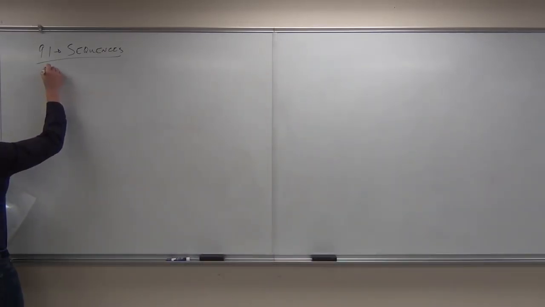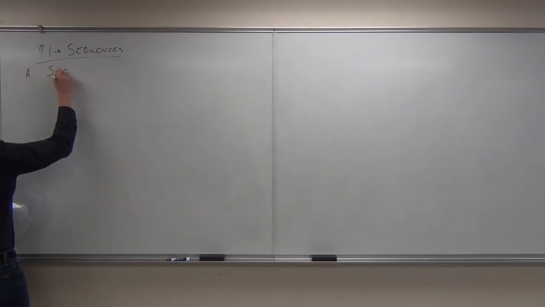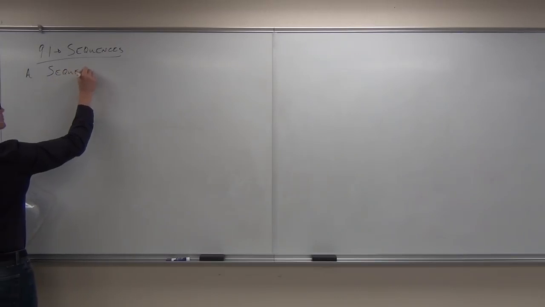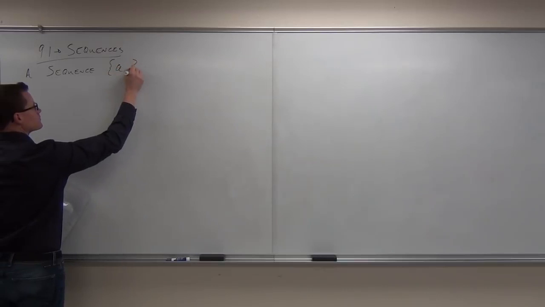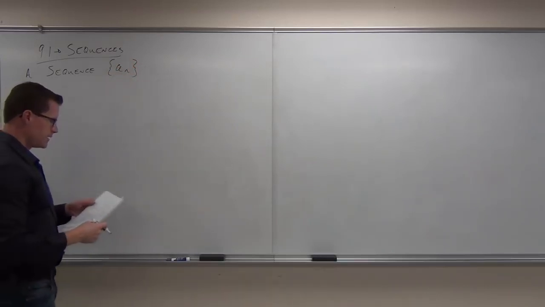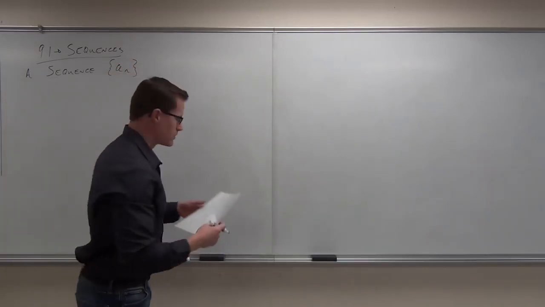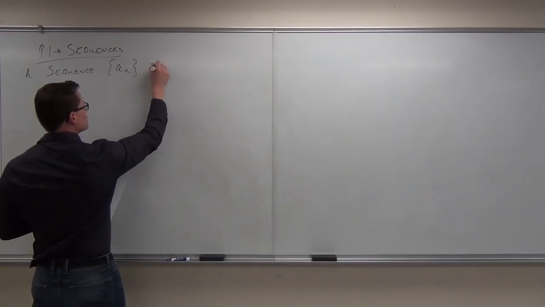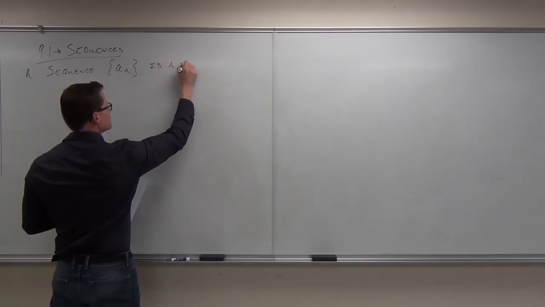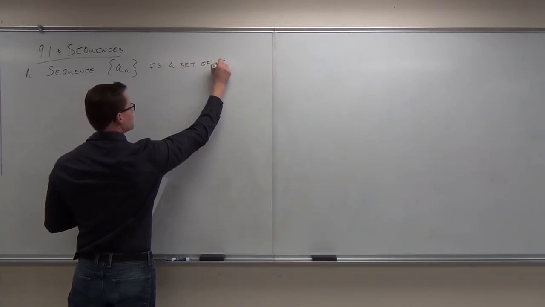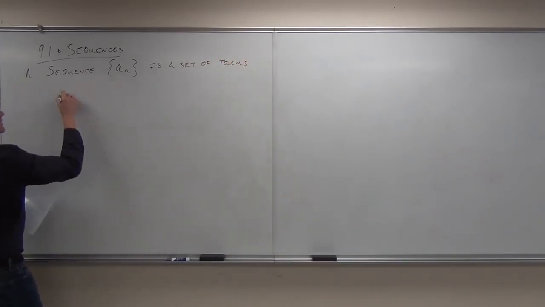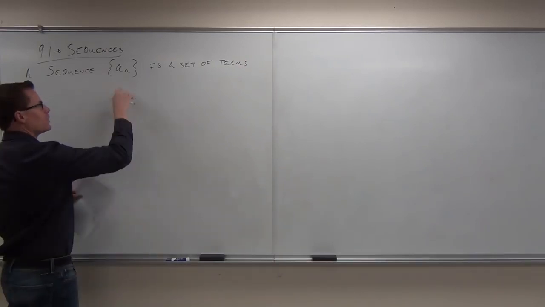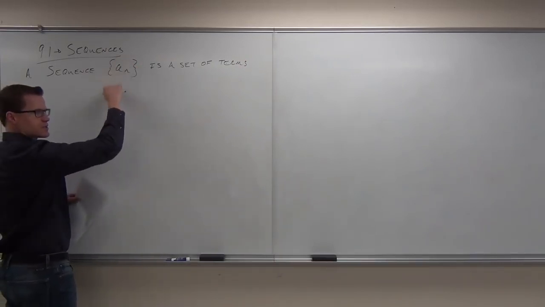So a sequence, typically denoted like this, A sub n, is a set of terms, and the set of terms is based on, well, whatever this sequence is given to you as.